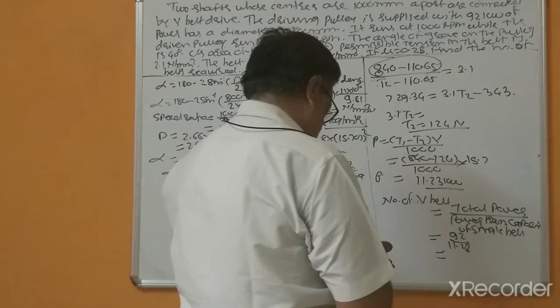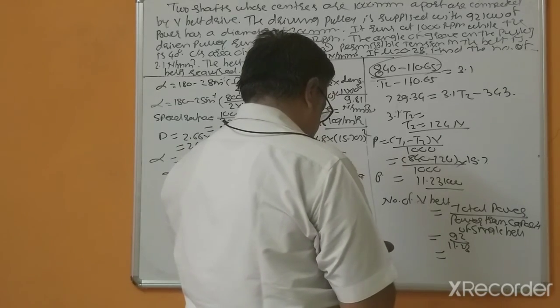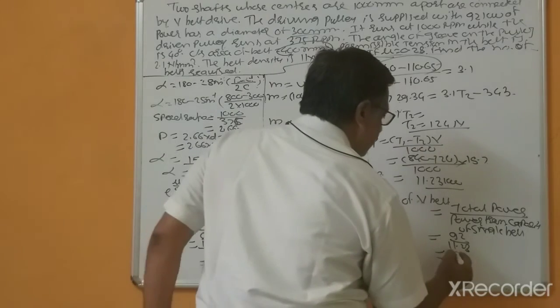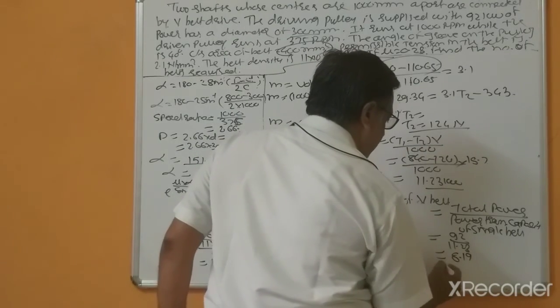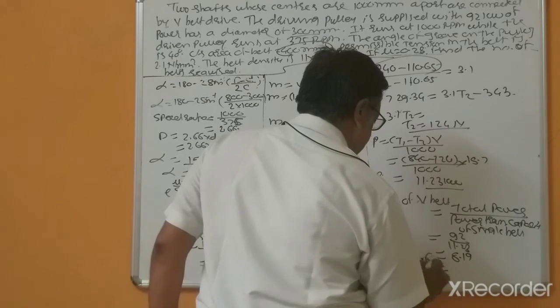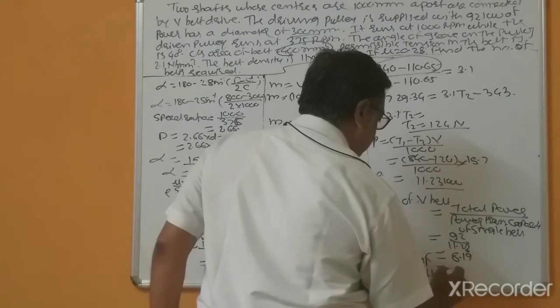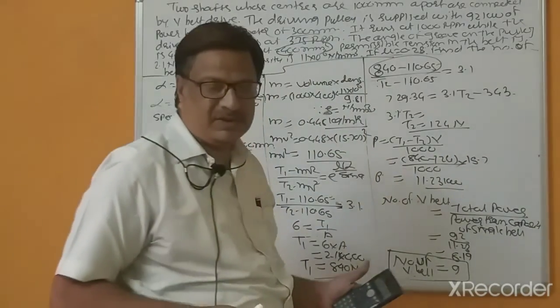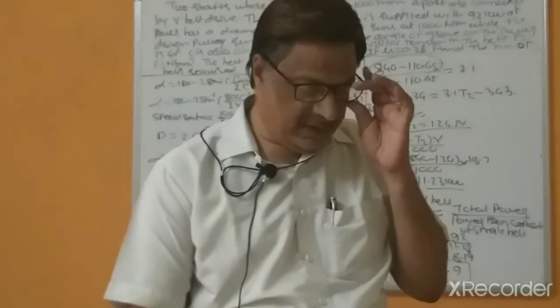This is equal to 8.19. So that's why number of V belts equal to 9. This is your required answer. So this is approximately correct.